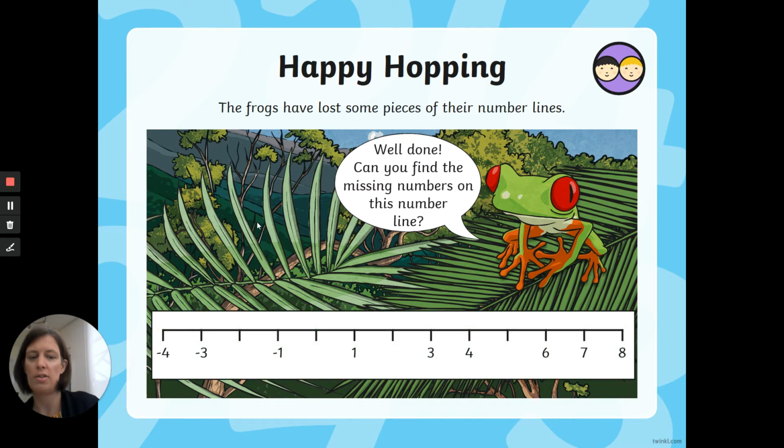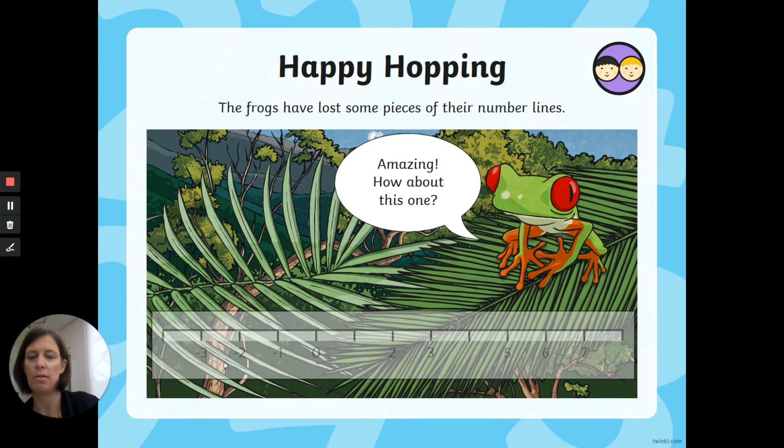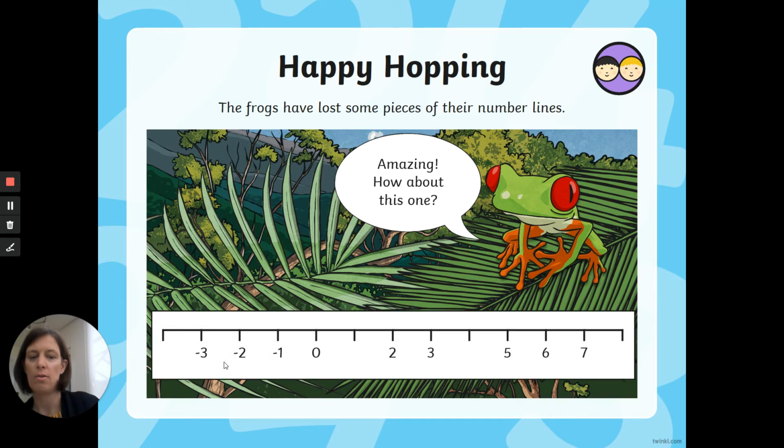Okay, have a look at this number line. What we're missing, -2, 0, 1 and 5 would be the missing numbers this time. Okay, so look at one more. Can you work out which negative numbers are missing? So we're missing -4, we're missing 1, we're missing 4, and we're missing 8.